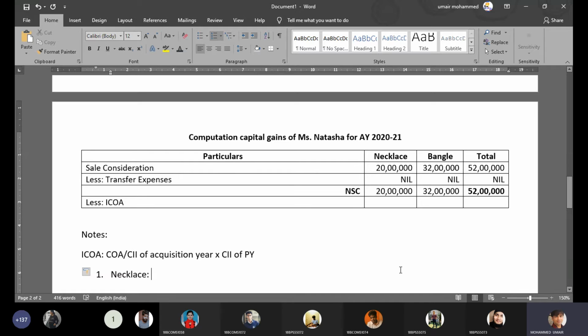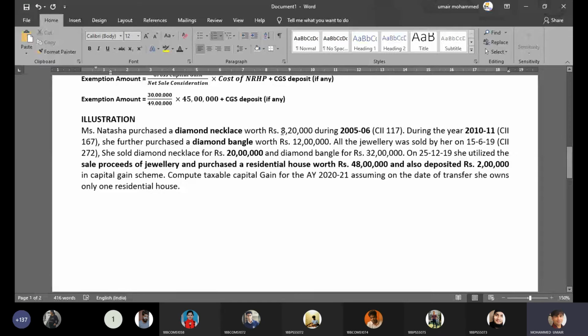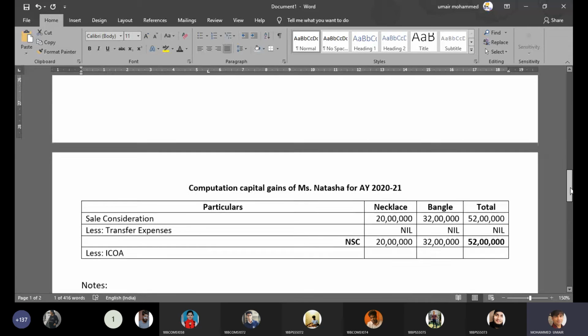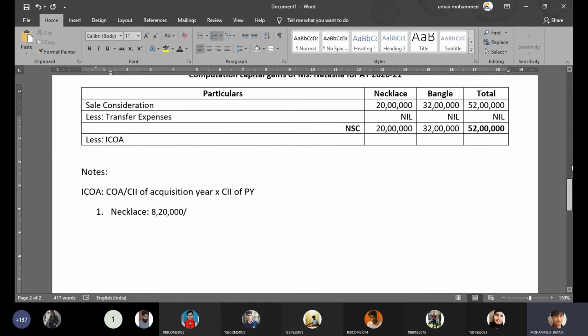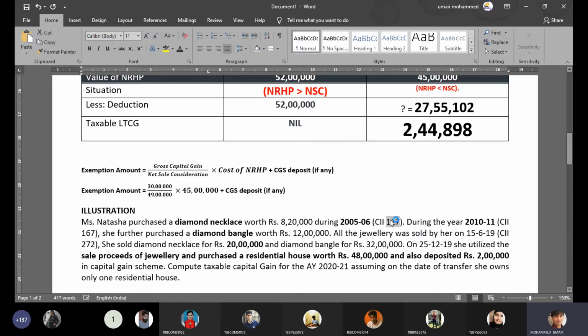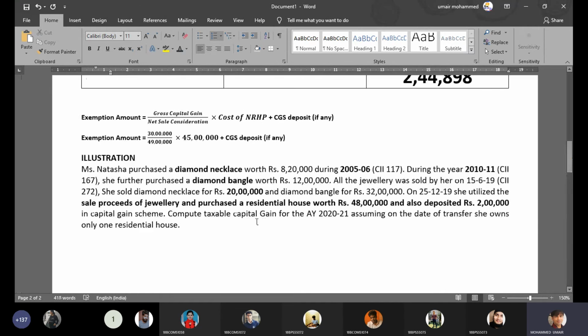What is the cost of acquisition of the necklace? The necklace is acquired for 8,20,000, divided by the CII of the acquisition year, 11, into the CII of the previous year.